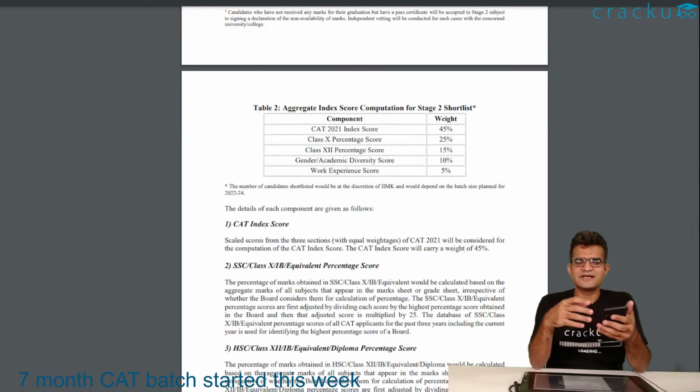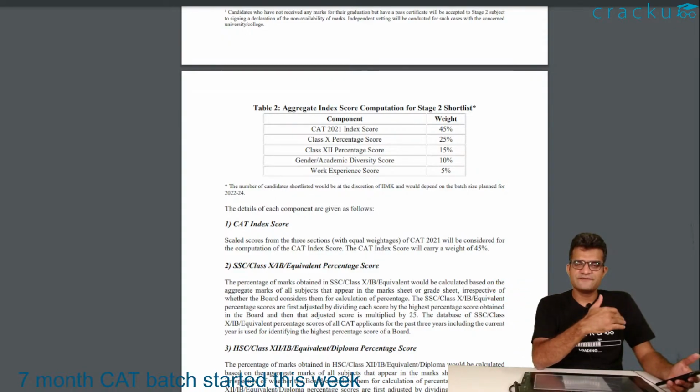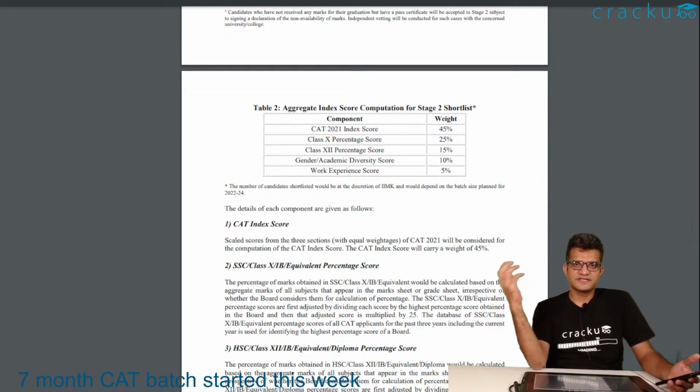Now, in general, it doesn't look good if you have a gap in your resume, because you yourself will not be super confident when you are explaining your profile or when you're explaining why you want to do an MBA. Your why MBA answer should be a very smooth answer. You should essentially say that, okay, this happened in my life, then I did this, and finally I want to do an MBA over here and then do that.